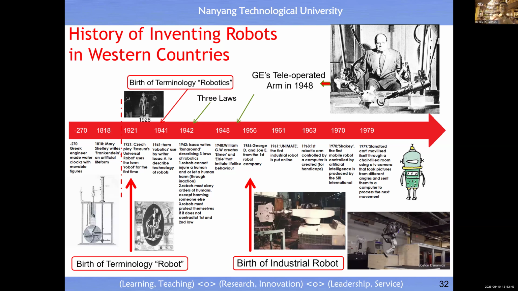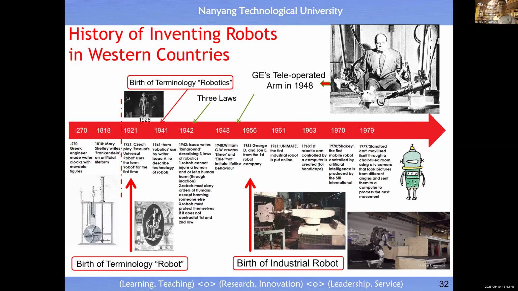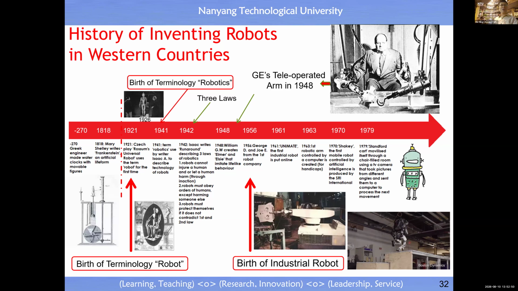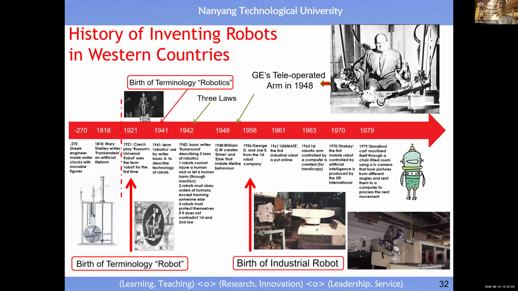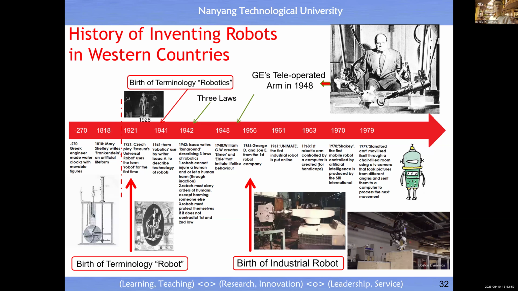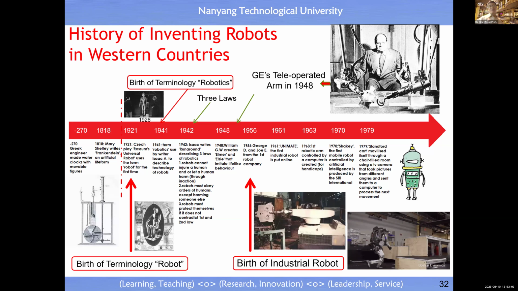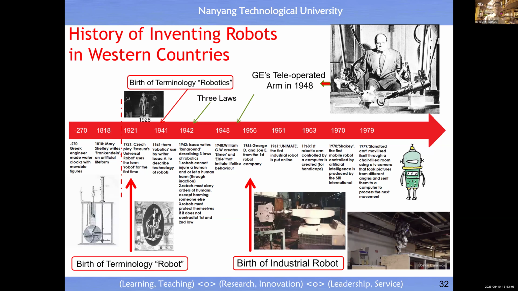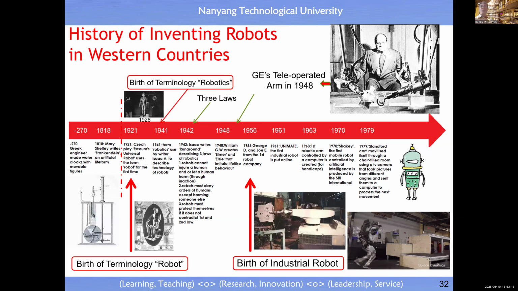This slide summarizes a little of what you have seen inside the video. The terminology of a robot was born in 1921, and in 1941-42 the terminology of robotics was born, and Asimov, a writer, formulated the three laws for robots to obey and follow.